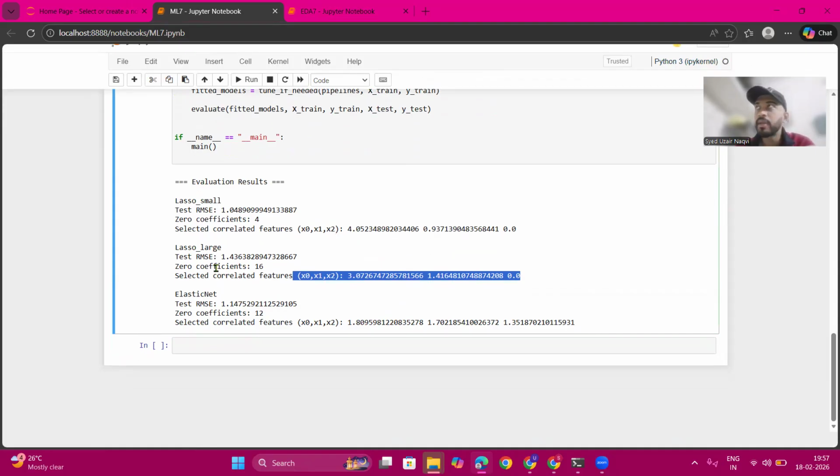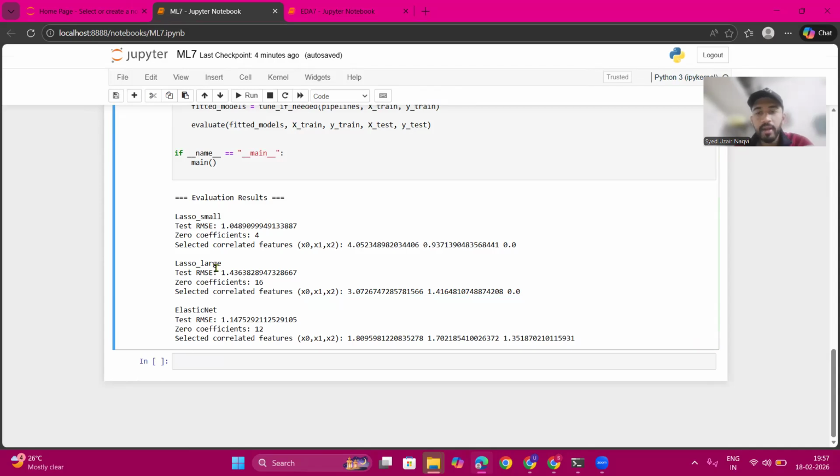We can see it here, shrinking up to zero. From this, I inspect how Lasso handles correlated predictors. We can interpret that this happens because correlated features share signal, and Lasso selects one arbitrarily, which may reduce stability.